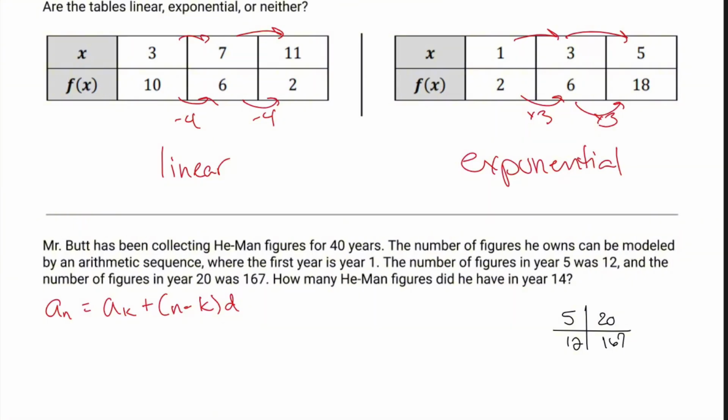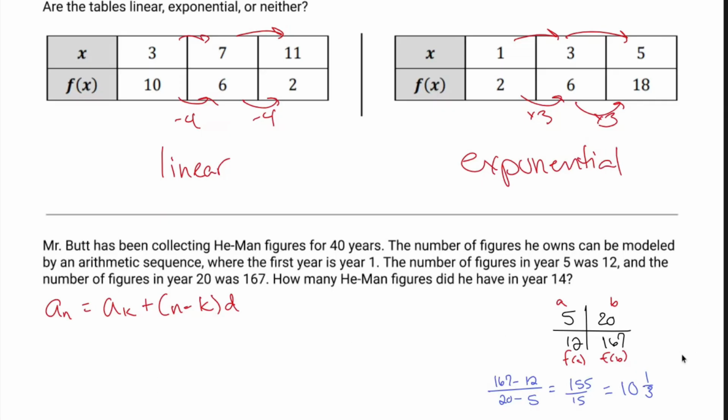We'll use the average rate of change formula, calling them a and b, f of a and f of b. So to find the common difference, f of b, which is 167, minus f of a, which is 12, over b, which is 20, minus a, which is 5. 167 minus 12 is 155. 20 minus 5 is 15. And that ends up being 10 1/3. Something magical better happen, otherwise these numbers are awfully scary.